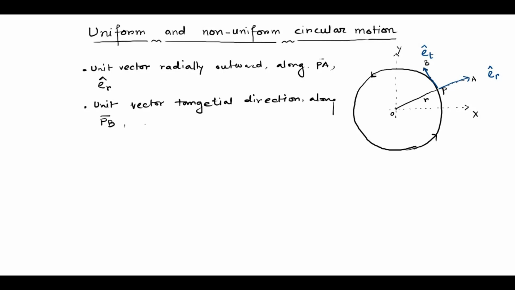Along the PB vector, this is called E of T, unit vector hat. So how to calculate ER and ET?